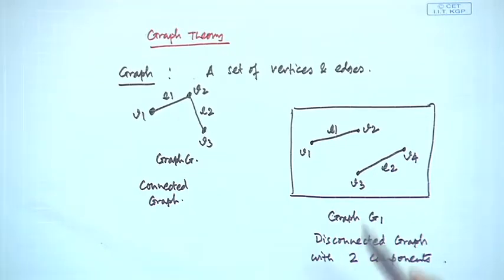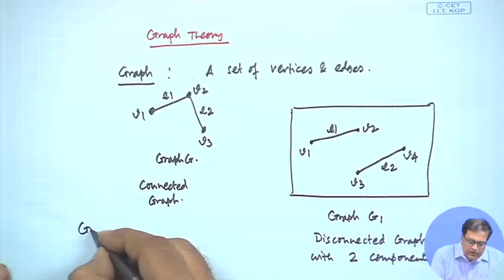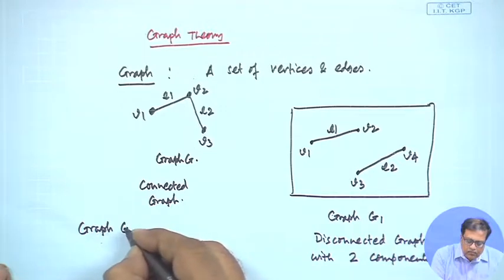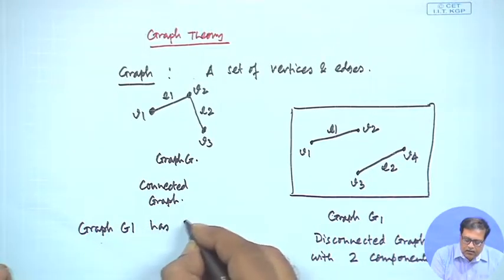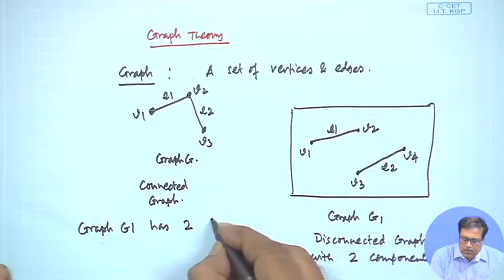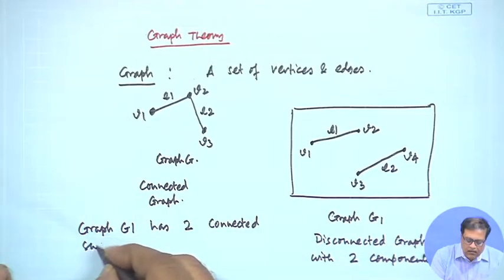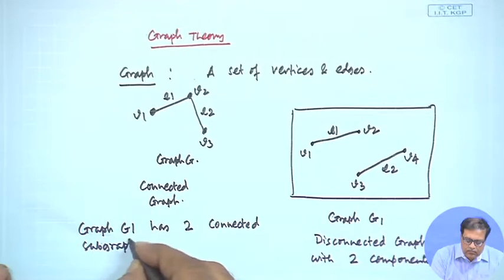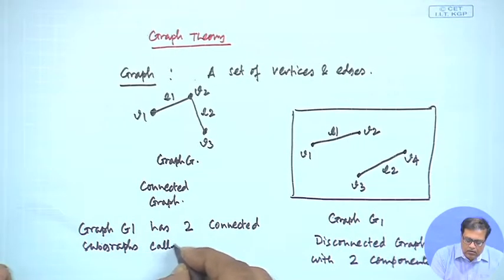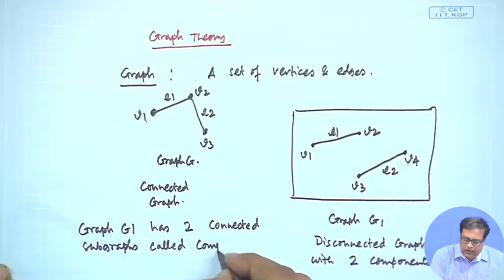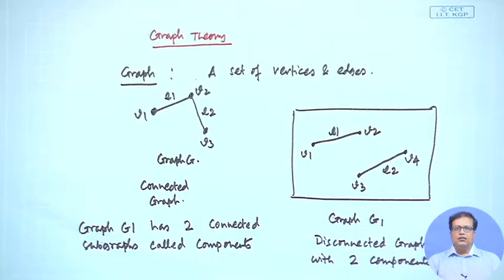So in a sense, look here, this graph has got two subgraphs. Graph G1 has two connected subgraphs called components.